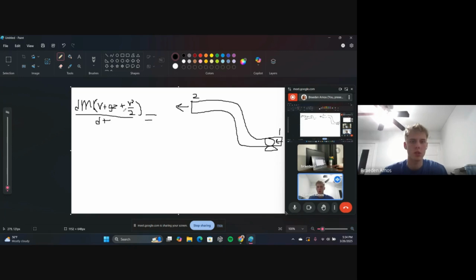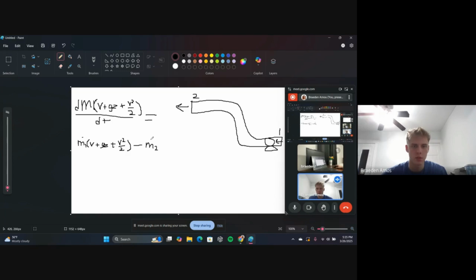So this equation will be equal to 0, but it is equal to the inflow of water minus the outflow. So we'll have M1 times (U plus G Z plus V squared over 2), and that'll be minus M2, at least we're going to have dots over them.